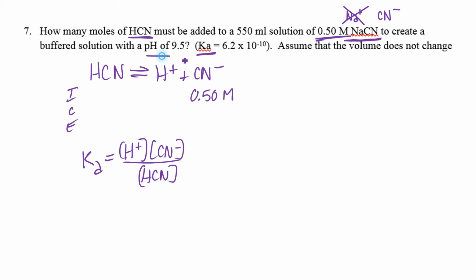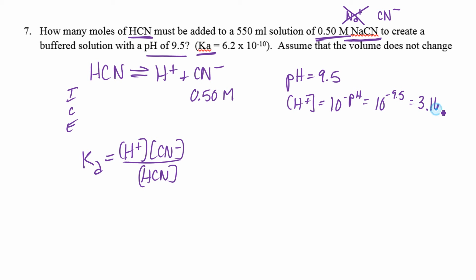But it tells me that my pH is 9.5. And if my pH is 9.5, that means my H+ concentration is going to be 10 to the negative 9.5. So I'll plug that into my calculator real quick: 10 to the negative 9.5 gives me 3.16 times 10 to the negative 10th.